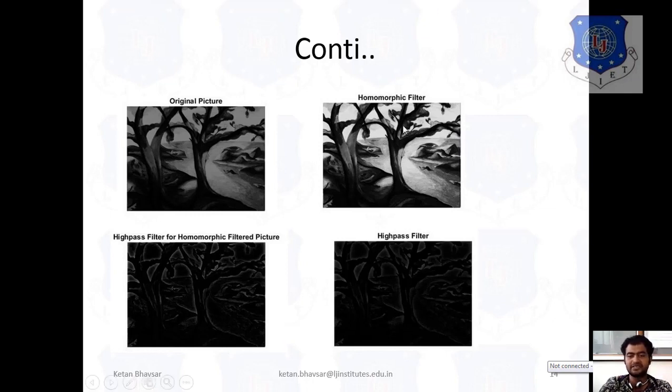As you can see easily from here, your dark image looks brighter, and you can also see the sharp edges. After that come the high pass filter, the homomorphic filter, and the high pass only filter. So you are definitely getting better results in this image, and from the visual point of view or the graphical point of view we can easily prove it. These images look better as compared to the other images.